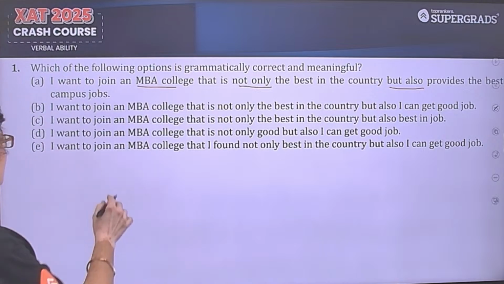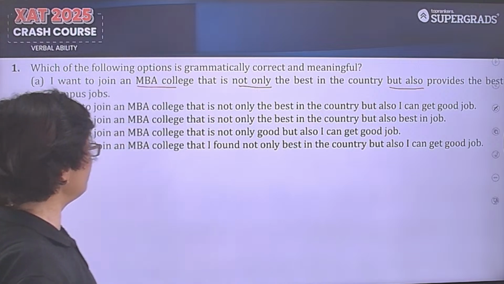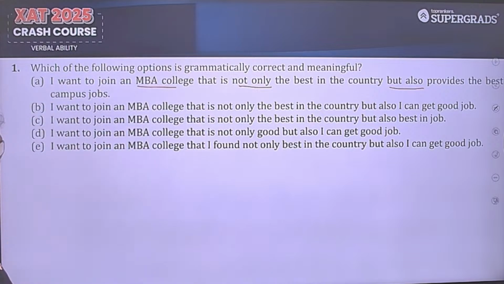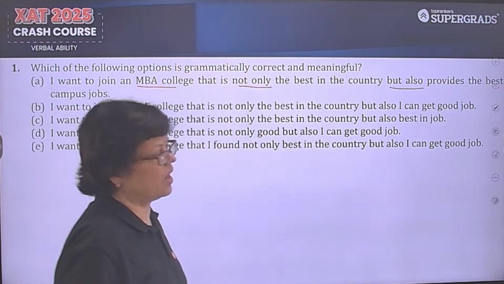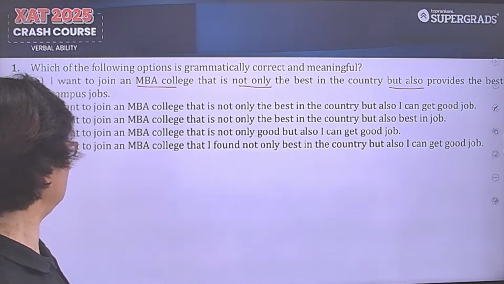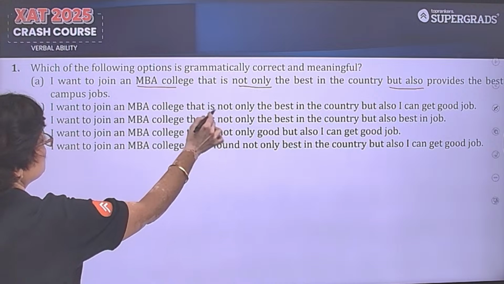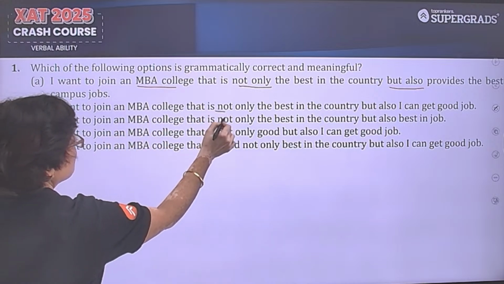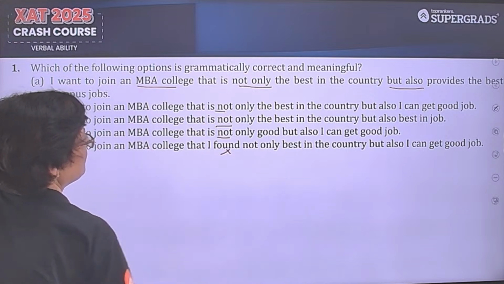D, I want to join an MBA college that is not only good, but also I can get good job. Last, I want to join an MBA college that I found not only best in the country, but also I can get good job. So here we can easily understand that this first part, I want to join an MBA college that is not, is the same, that is not, that is not. Here you find there is some variation, right?